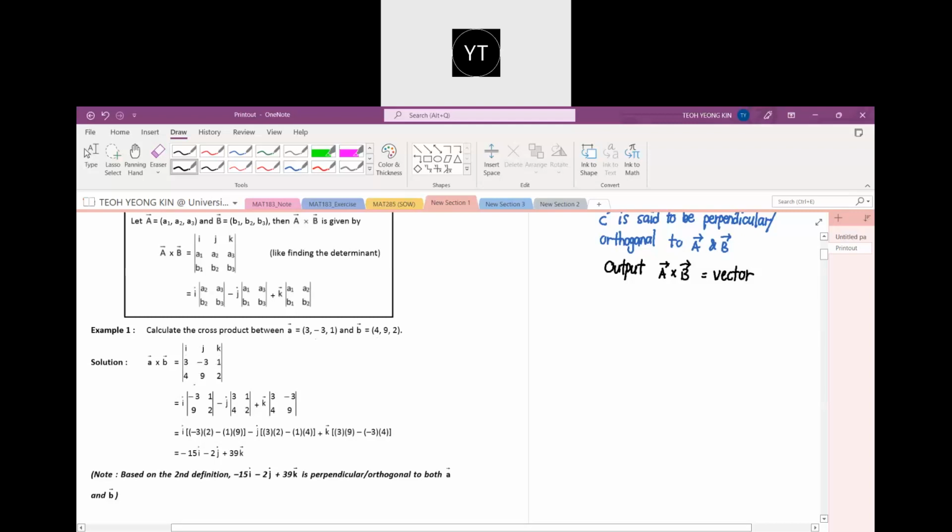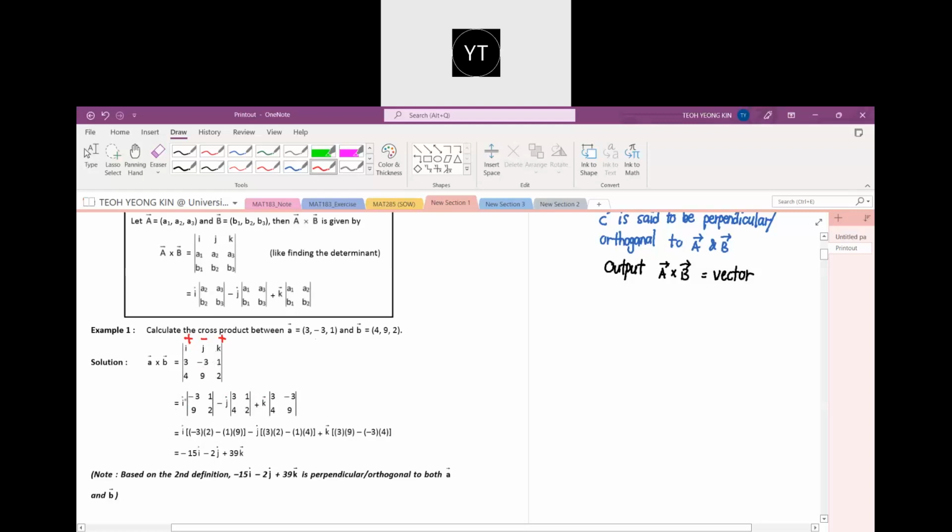So then we try to find the determinants. Don't forget, for determinants, positive, negative, positive. So we have i, j, and k. And then just like before, for i, close the first row and the first column. So kita tinggal negative 3, 1, 9, and 2.